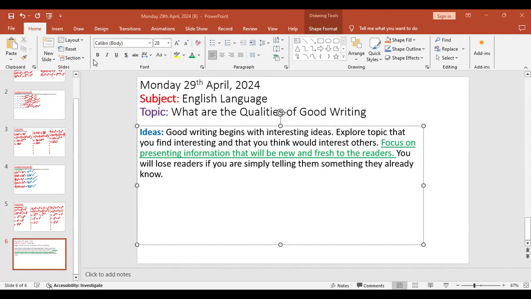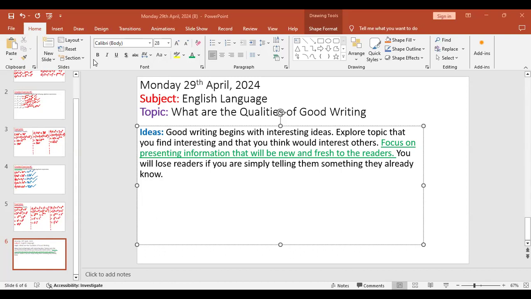Focusing on presenting information that will be new or fresh to the reader. You will lose readers if you are simply telling them something they already know.